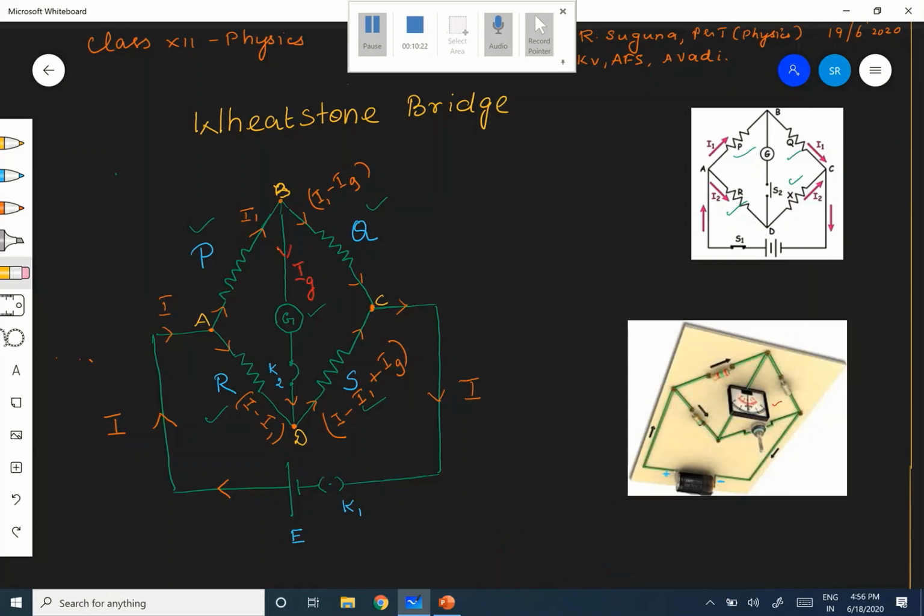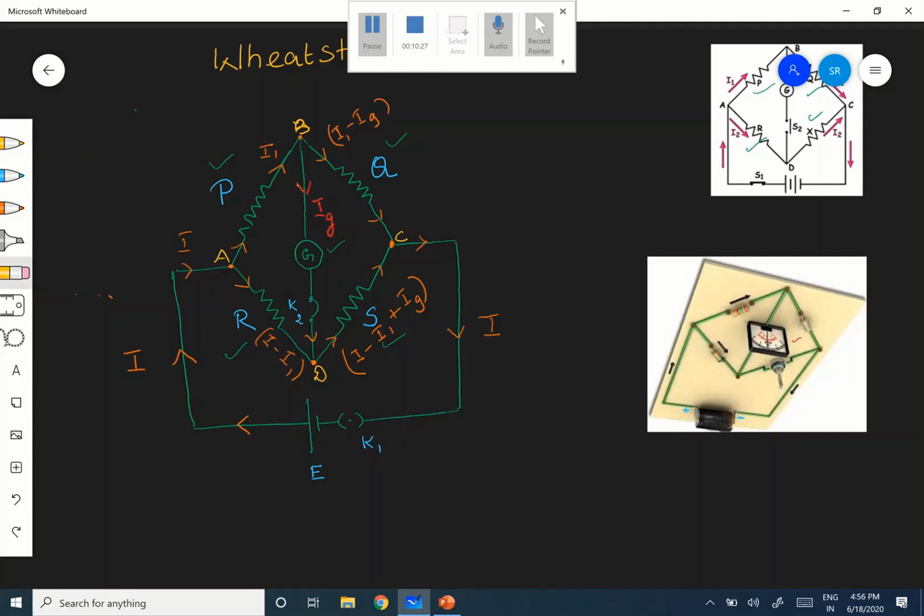Actually, when we have to see whether the bridge is balanced or not, what is the condition?